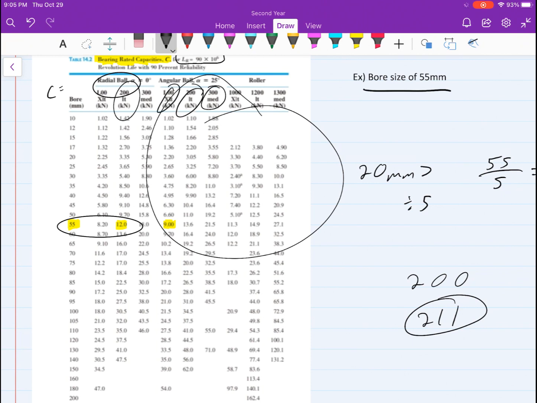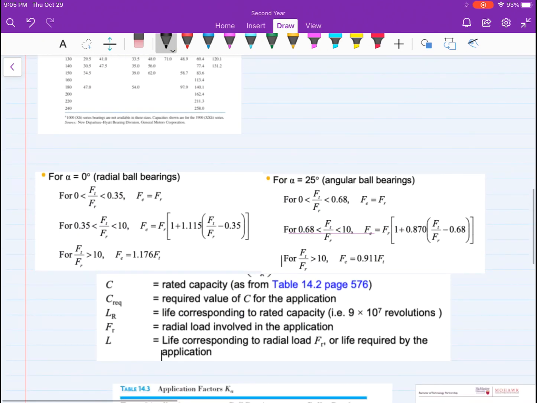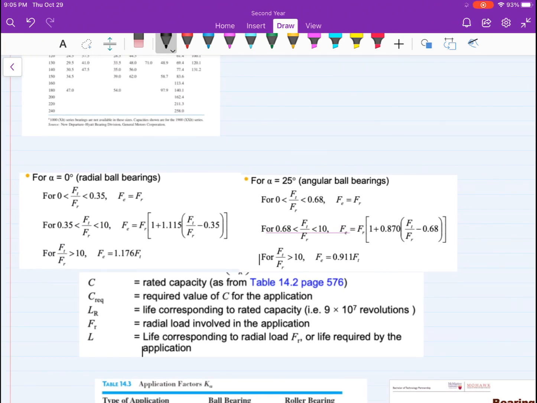It would be the same thing for the angular bearings on this side, and it depends on which ones you pick up here. The next thing we're going to look at is the different variables for solving these problems. C is what we just looked at, which is the rated capacity.